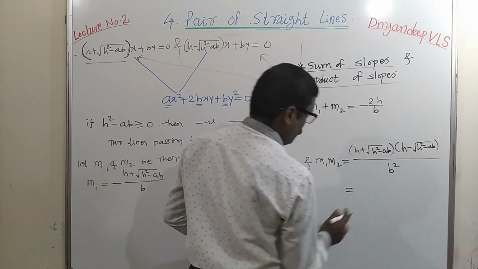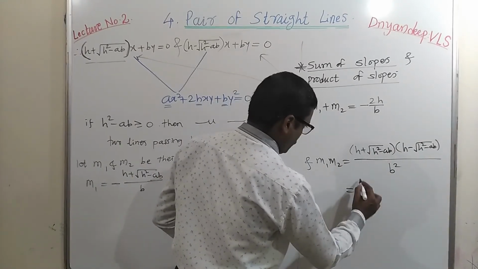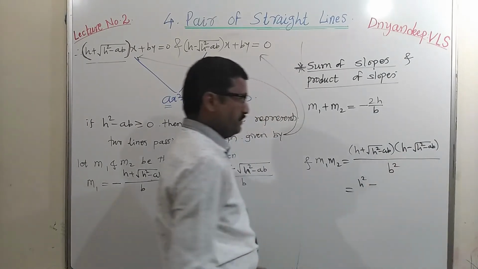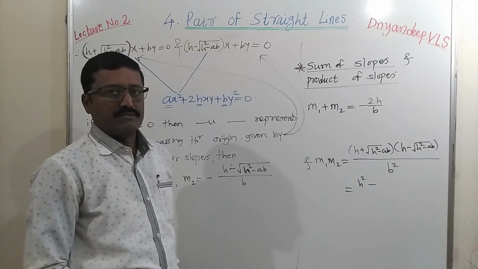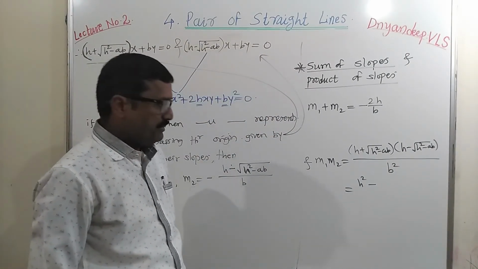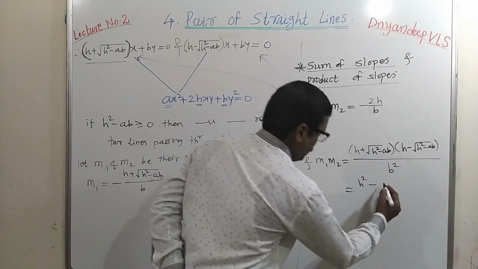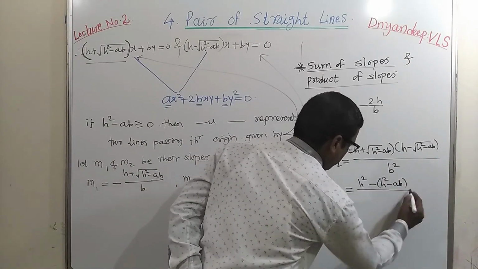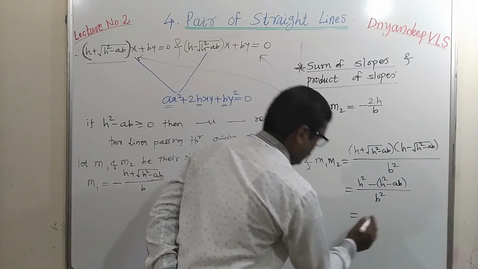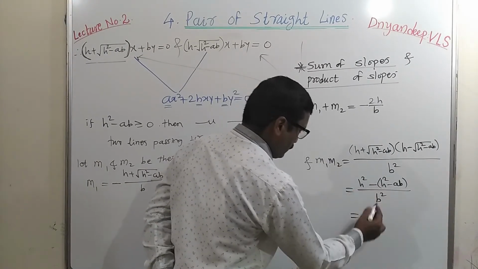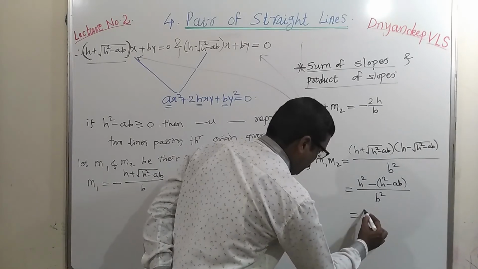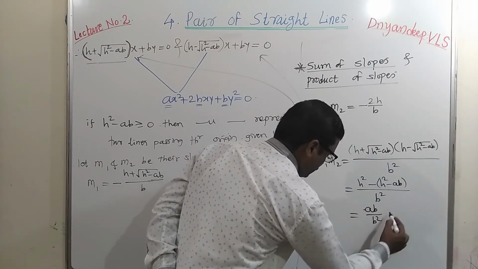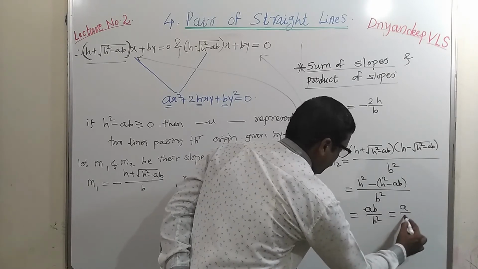So taking the product again, we get h square, this is a plus b, a minus b is a square minus b square. So it is h square minus (h square minus ab) upon b square. Now h square and minus h square will cancel and minus minus becomes plus ab. So it is ab upon b square, one b gets cancelled, so remains a upon b.